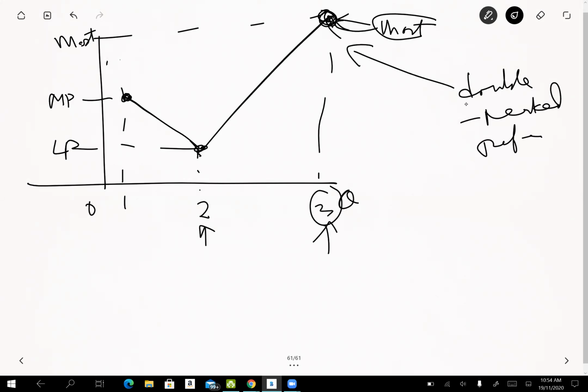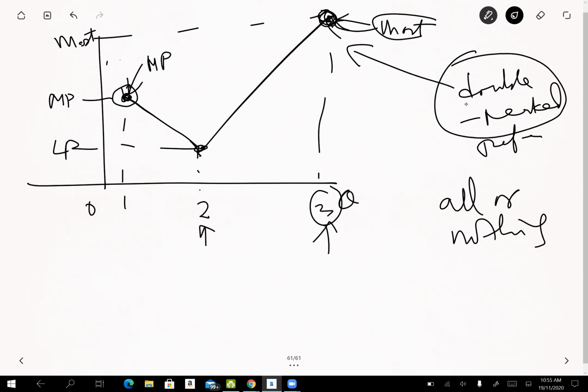He doesn't want 2. He would rather take the lowest amount. In other words, if I cannot get what I want, my most preferred choice, then I will prefer to get nothing at all. So this kind of people have double peak. It's either I have it all or I have nothing.